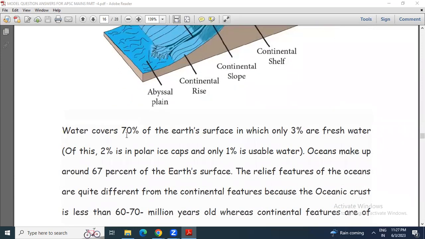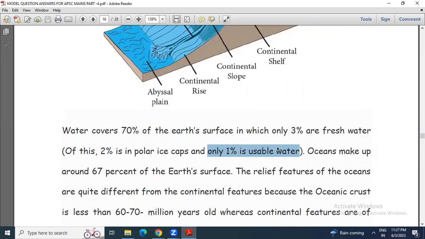Now, we know that water covers 70% of the Earth's surface, in which only 3% is freshwater. Of this, 2% is in the polar ice cap and only 1% is usable water.